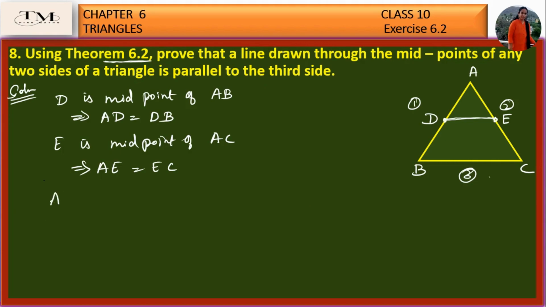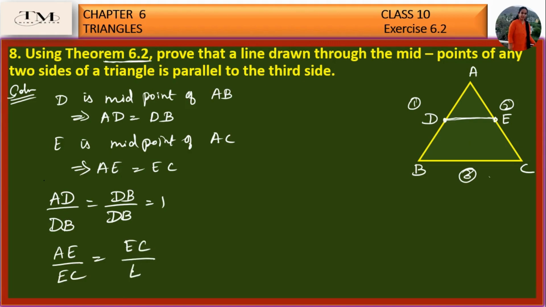So let us check the ratio AD by DB. AD is equal to DB, so we get DB by DB, which is equal to 1. In the same way, let us check AE by EC. AE is equal to EC, so instead of AE, I am putting EC. EC divided by EC is 1. So both the ratios are equal.